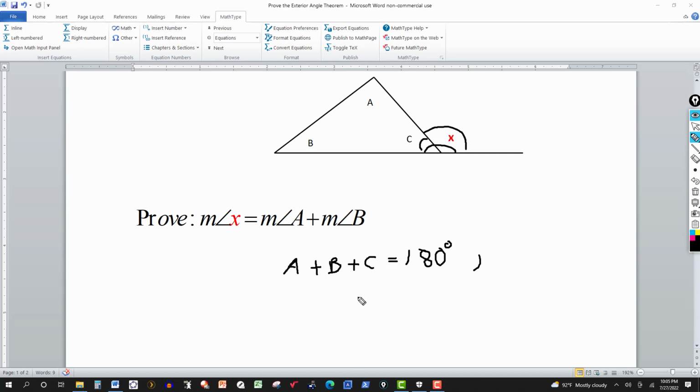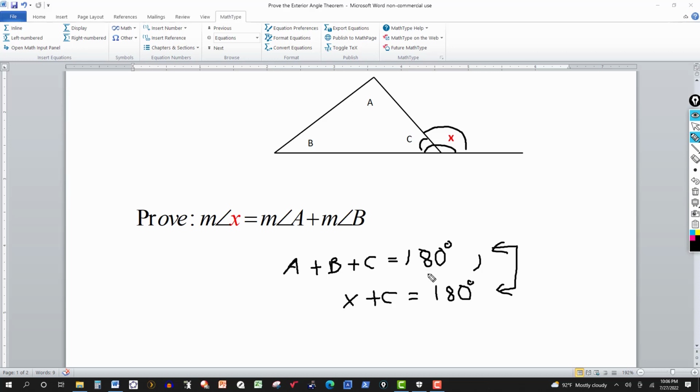So I can say then the measure of angle X plus the measure of angle C is equal to 180. So I got A plus B plus C is equal to 180, and I've got X plus C is equal to 180. So those are the same thing then. A plus B plus C and X plus C are the same thing because they're equal to the same thing.